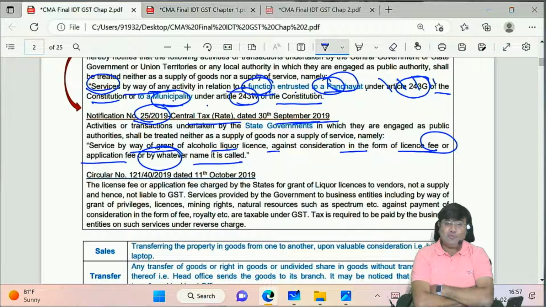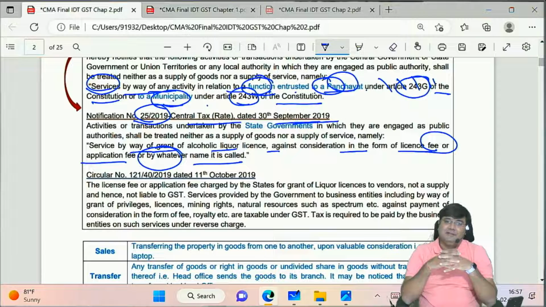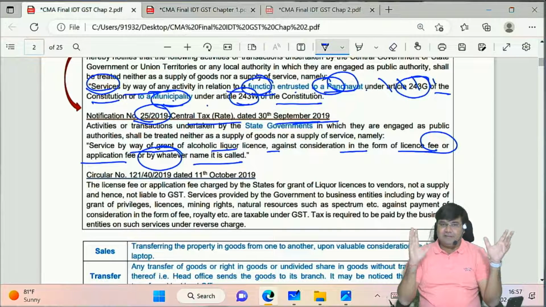You have to participate in the auction and bid, and the highest bidder is going to get the license of that particular area. So area-wide license is given by the state government. This is not only from the Tamil Nadu government perspective, across India this is happening. So these state governments pocket big money through selling those licenses.